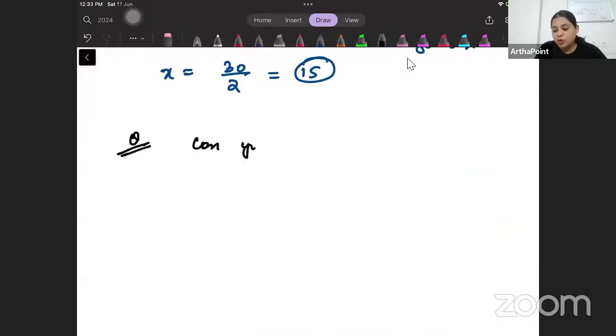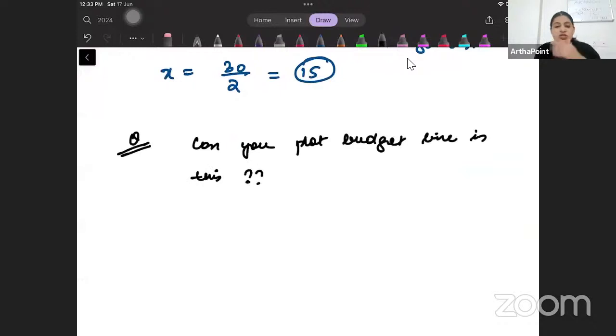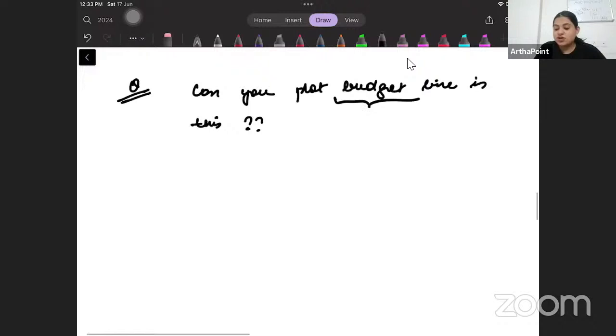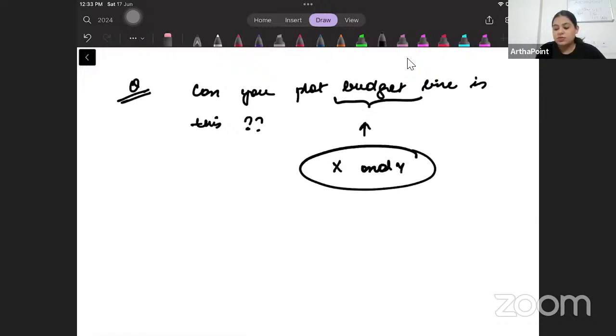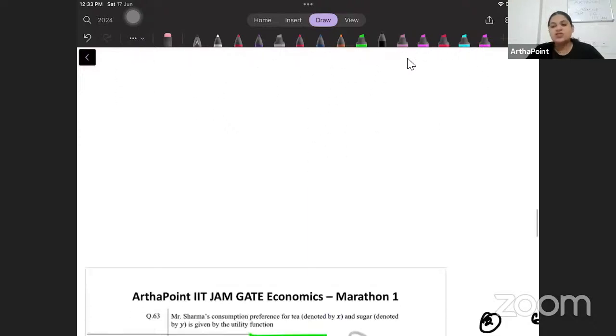Can you plot the budget line in this case? It is very simple, but just try plotting the budget line. So this budget line will have constraints. Constraint on level of X and Y, right? Taking those constraints into the picture, just try and plot the budget, and then just give your answer.